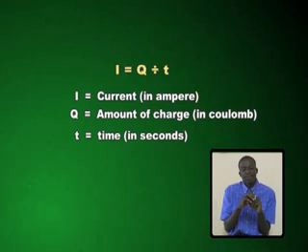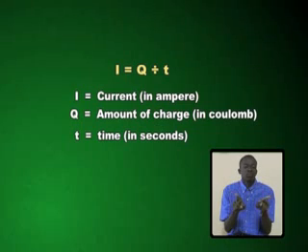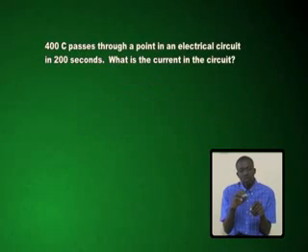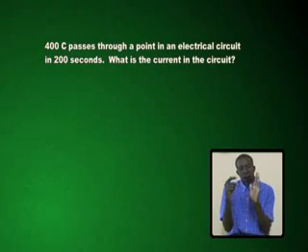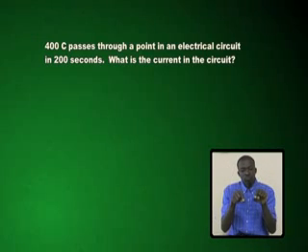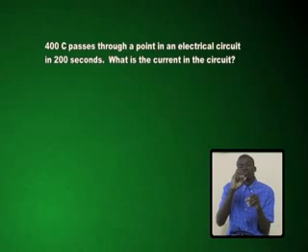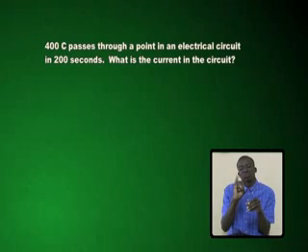Let's solve a problem using this formula. An amount of 400 coulomb of electricity passes through a certain point in an electrical circuit in 200 seconds. What is the current in the circuit?